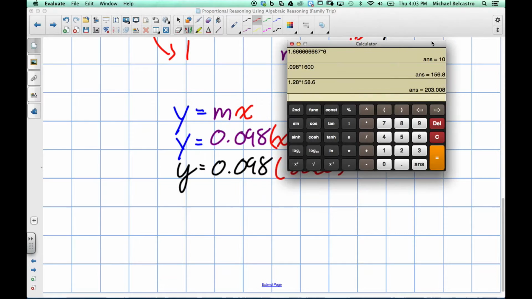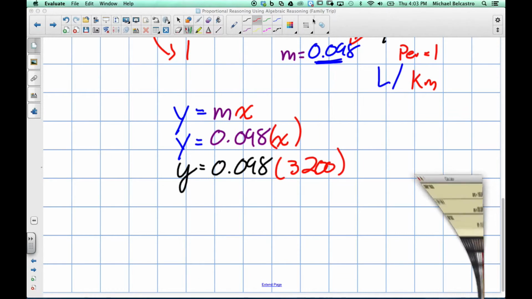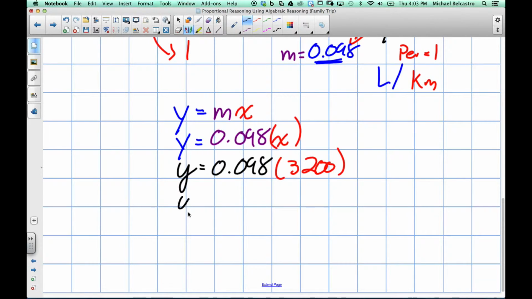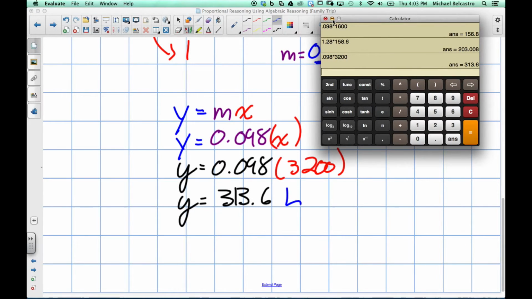It's a more difficult calculation. 0.098 times 3,200 equals 313.6. So y is equal to 313.6 liters. That's the total amount of liters the family uses on this trip.